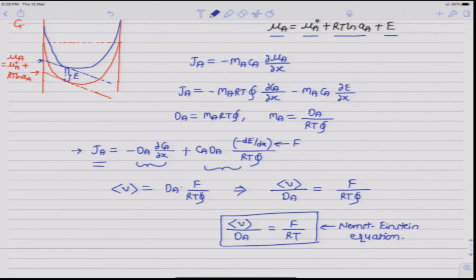In other words, in terms of the Nernst-Einstein equation, the drift velocity is also governed by the diffusivity DA or the mobility MA, in addition to the nature of the driving force F, which is obvious because both the Fickian flux as well as the drift will be fundamentally driven by the atomic jumps, and so atomic mobility would essentially occur in both of them.